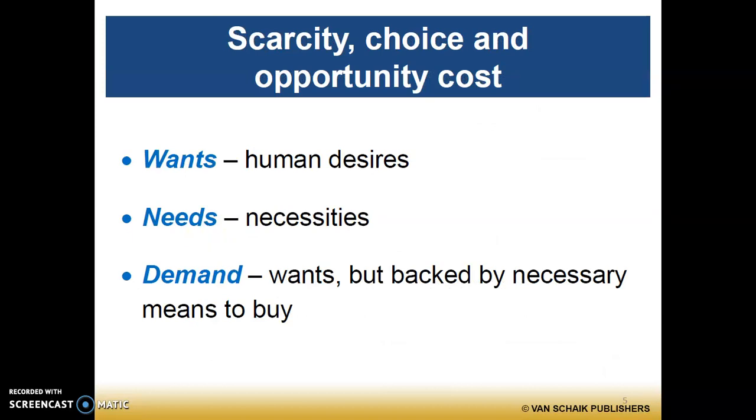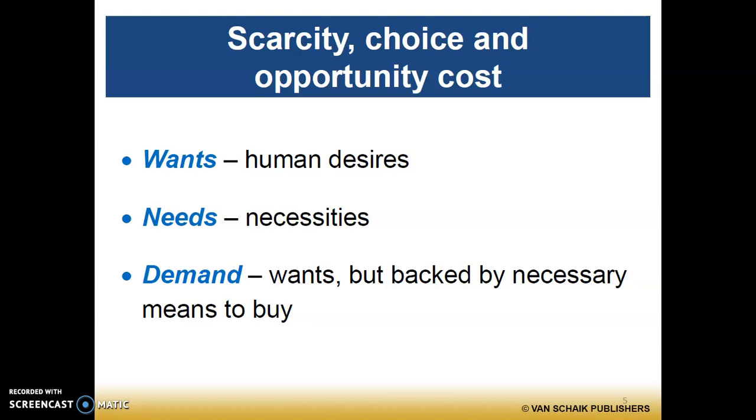The following section focuses on scarcity, choice, and opportunity cost. Earlier we learned that wants are unlimited, but the means with which the wants can be satisfied are limited. Note that wants are not the same as needs and demands.